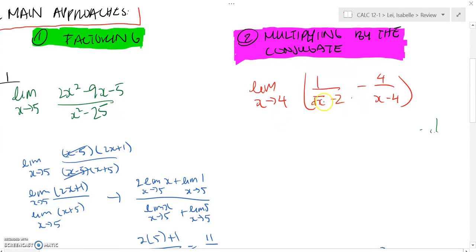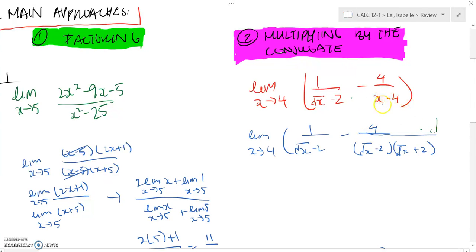So to get rid of the root on the bottom, first of all, we can make this related to the denominator on the left side, because if we take the root of this function, it becomes the limit as x approaches 4 of 1 over root x minus 2 minus 4 over root x minus 2 times root x plus 2, because that is technically a difference of squares if you make it root x.